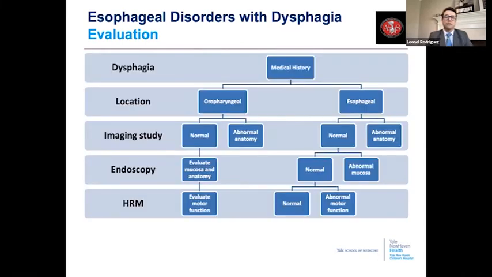This is the algorithm that most of us follow when we see children presenting with dysphagia. It's very important to perform a thorough medical history and physical exam to try to establish the location of the dysphagia as either oropharyngeal or esophageal. Sometimes it's not complicated.